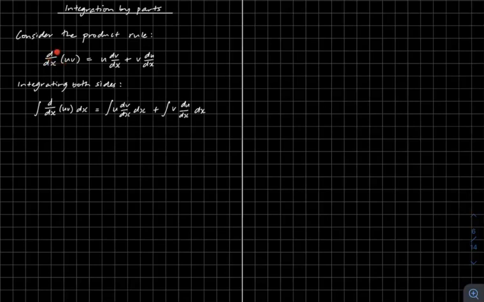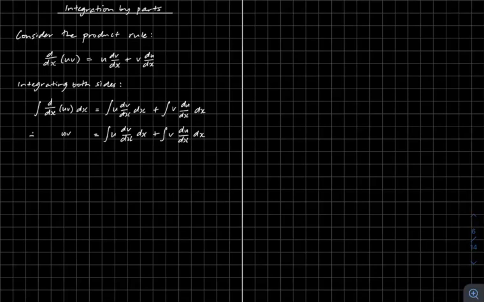So if I said what's the integral of the derivative of something, both with respect to x, then I've just got that something, haven't I? So on this side it's really just u times v is equal to the integrals of u dv dx and v du dx, with respect to x.